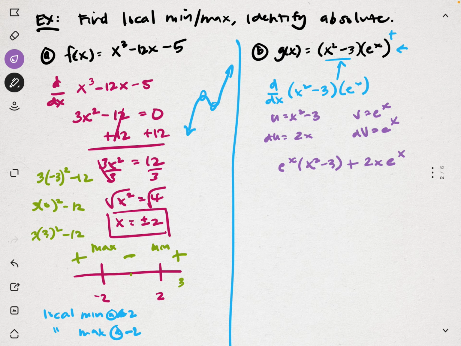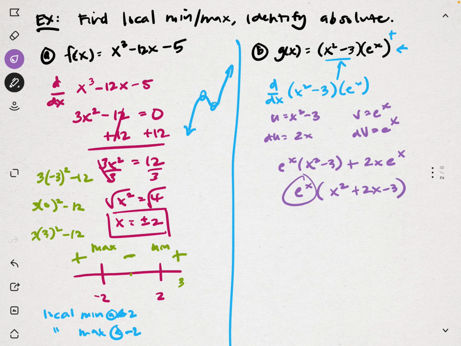Okay, and because e to the x is common to both, we're going to do e to the x outside, then we have x squared plus 2x minus 3.